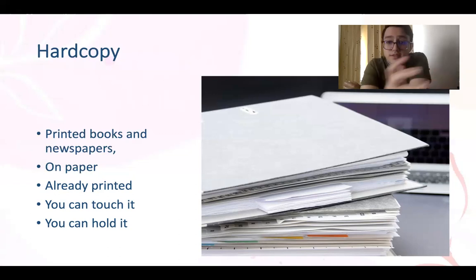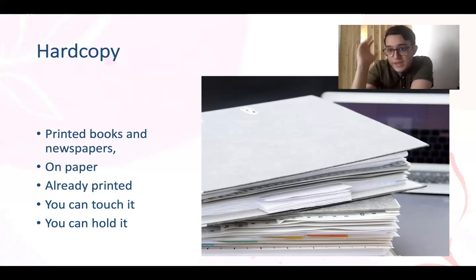If you print 10 copies, you can give it to 10 people, right? So that's the limitation of hard copy. You have to print more, but for soft copy, if you have only one file, you still can give it to many people.